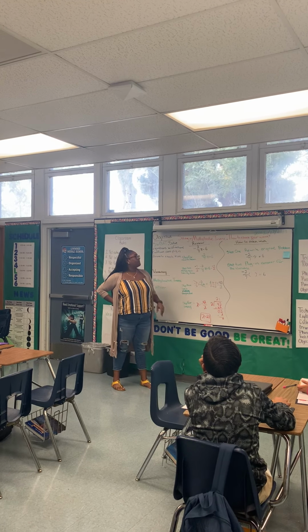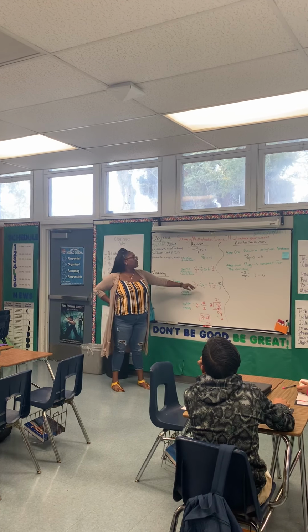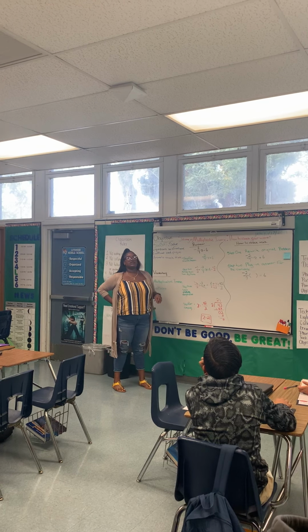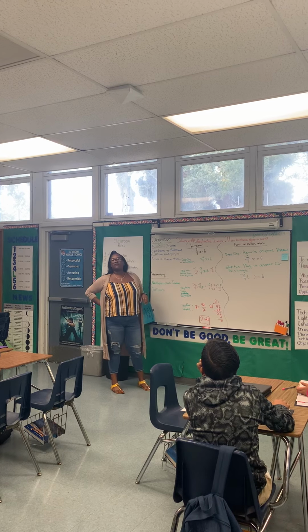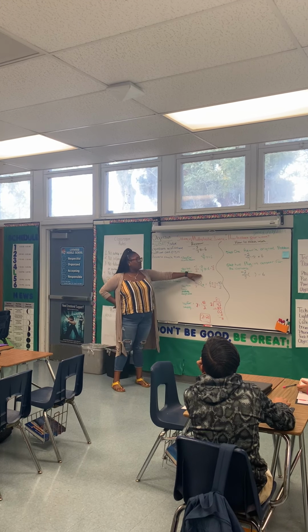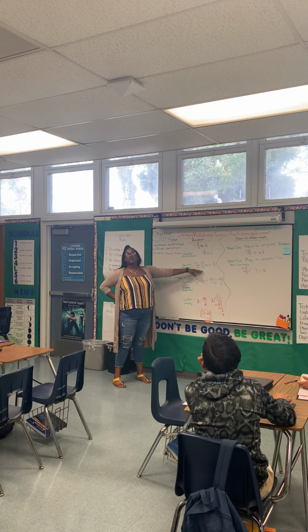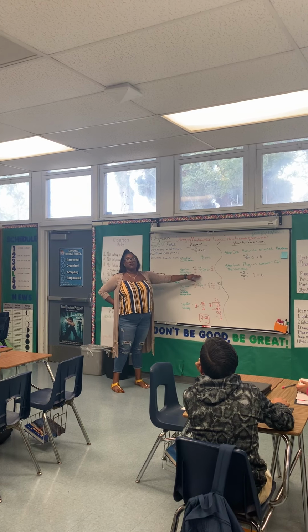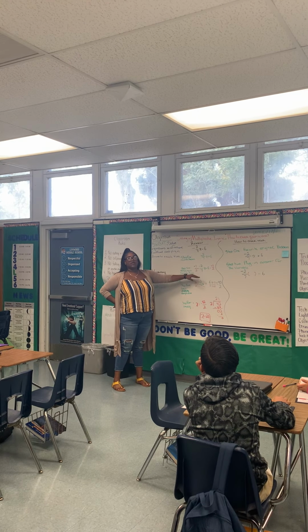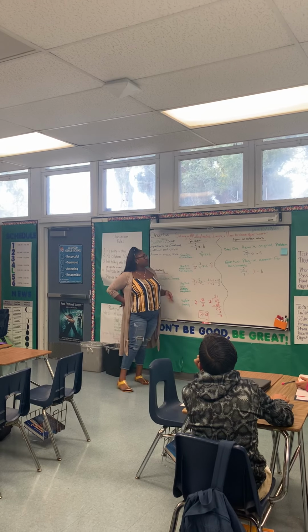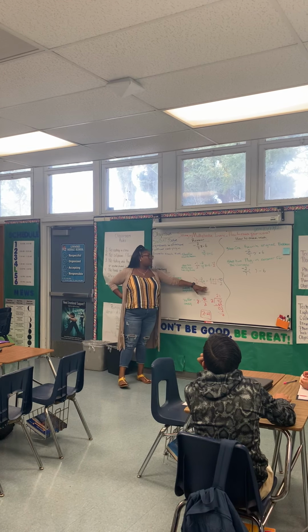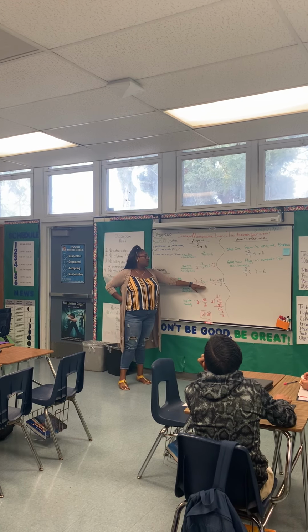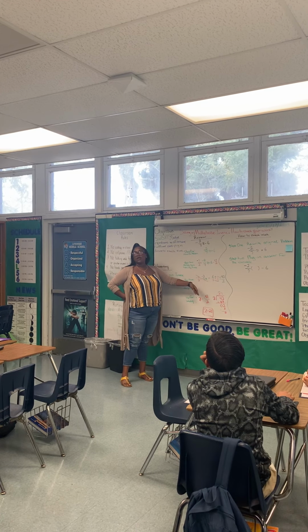The multiplicative inverse of -2/7, what is it? I have it written right here on the board. -7/2? Yes. So we multiply both sides by -7/2. When you multiply the multiplicative inverse by the original fraction, they cancel out.